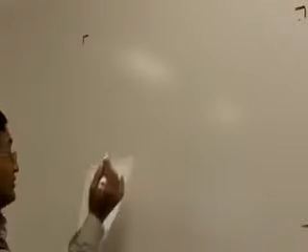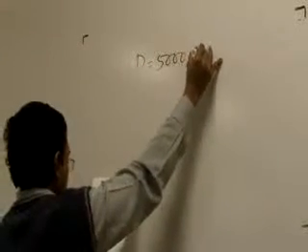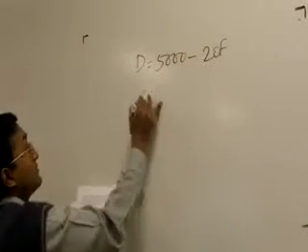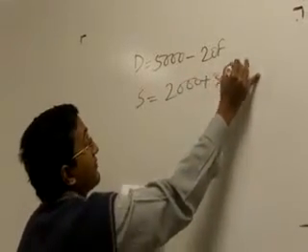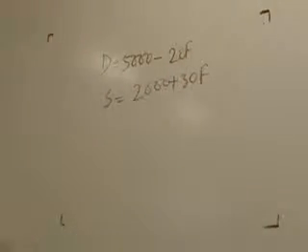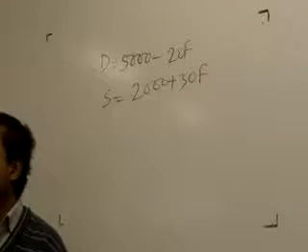Quiz 2, number 7: the demand function is 5000 minus 20P, and the supply function is 2000 plus 30P. Here there is no out of pocket payment. You don't have to pay out of pocket.